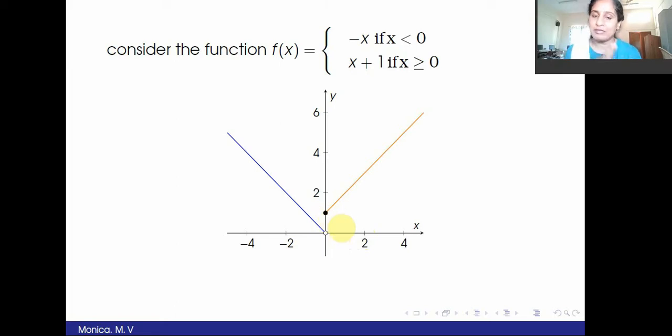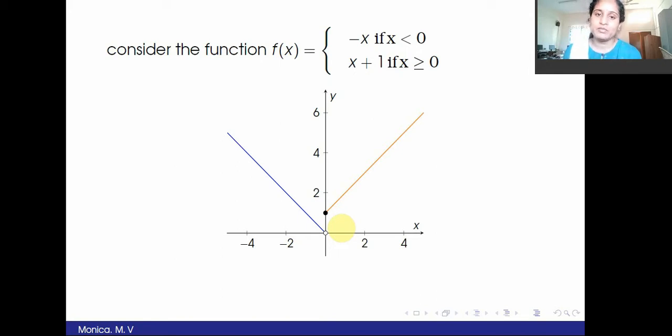First thing, the left hand limit and right hand limit for a function at a point, they need not be equal. In this case, left hand limit is 0, right side when I come to 0, the function comes to 1. So left hand and right hand limits are different. Further, few times they may not exist at all. The function may not be defined at 0 at all. Therefore, all these conditions are there when I talk about limit.